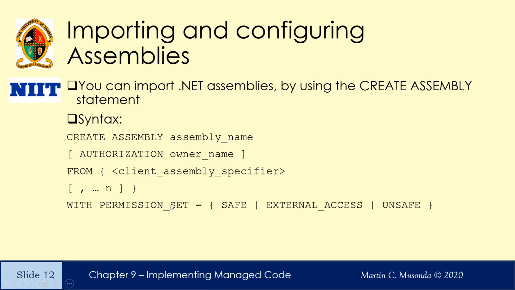These permissions are not for the people who are going to run the object you are creating. That is done by that. These are permissions on what that object can do in your database. And there are three options. The first one is SAFE, the second is EXTERNAL_ACCESS, and the last one is UNSAFE.